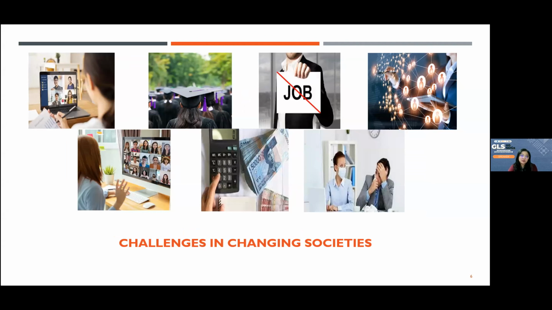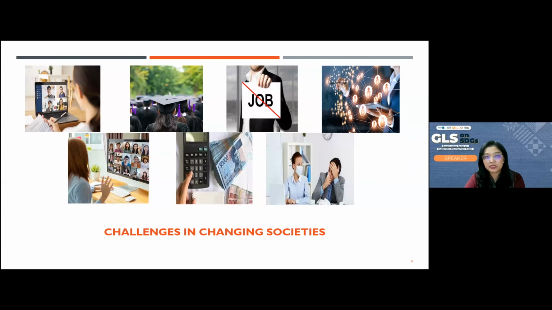And it is also a very difficult situation for some of us because the parents have to face difficulties in sustaining employability. So sustainable employability is the ability to get a job or maintain the job that you have already had.